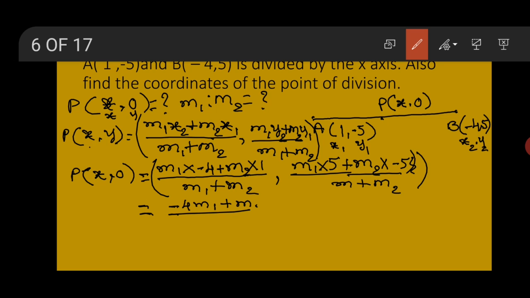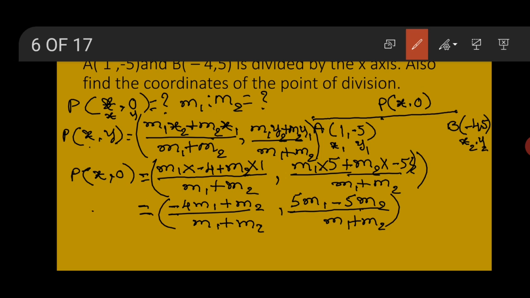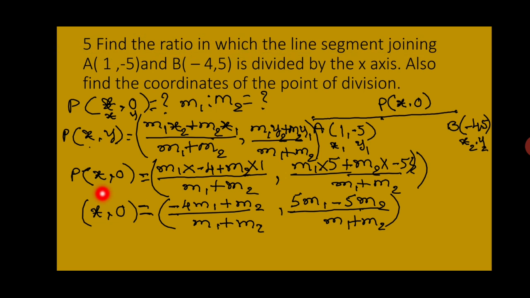Simplify. It is equal to, see here also I will simplify first, minus 4 m1 plus m2 into 1 is equal to m2 divided by m1 plus m2, then 5 into m1, 5m1 minus 5m2 divided by m1 plus m2. It is equal to coordinate point x comma 0.